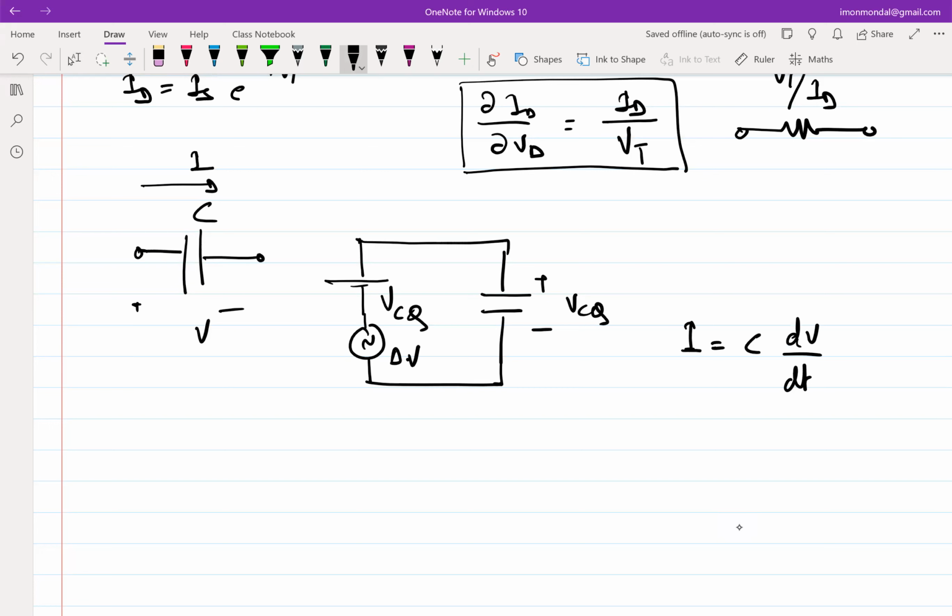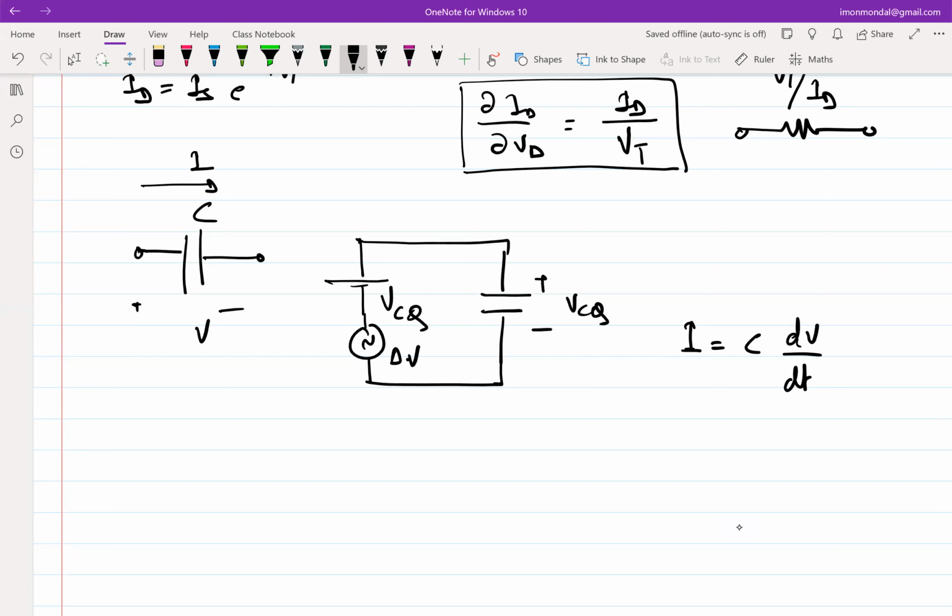So let's say when I have a constant voltage, let's say del V is 0. When I have a constant voltage, what is I? I is 0, right? Great. So let's assume that we will not assume I to be 0. We'll assume I to be some I, and then proceed with it, and then see what happens. Okay.